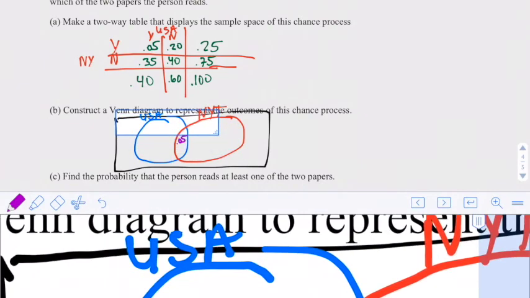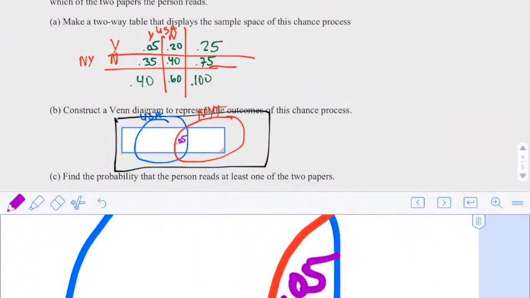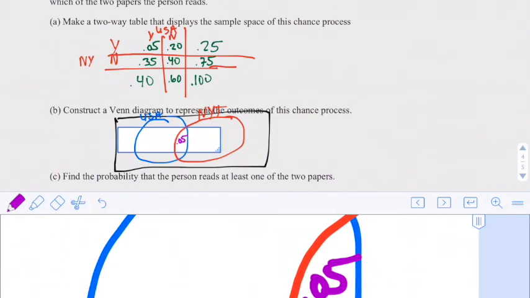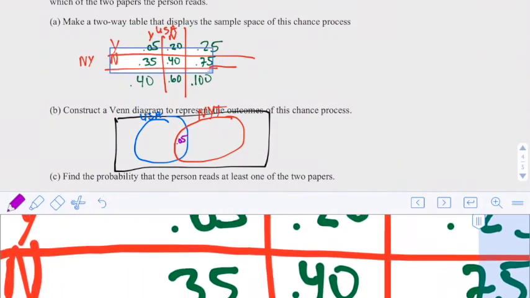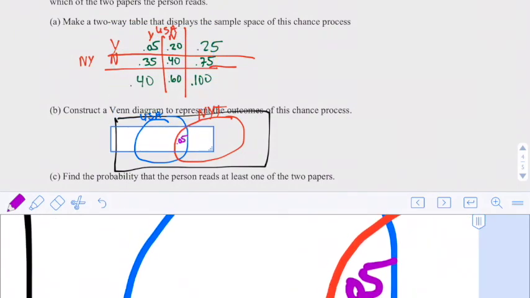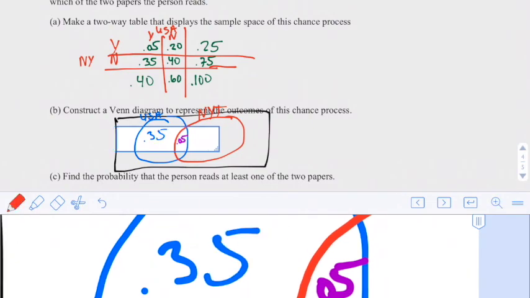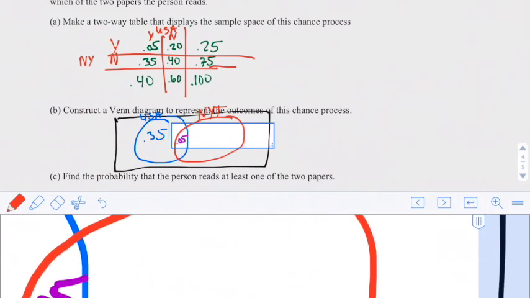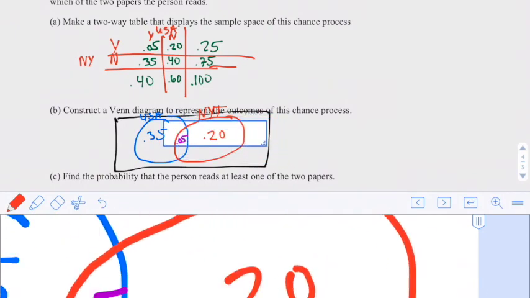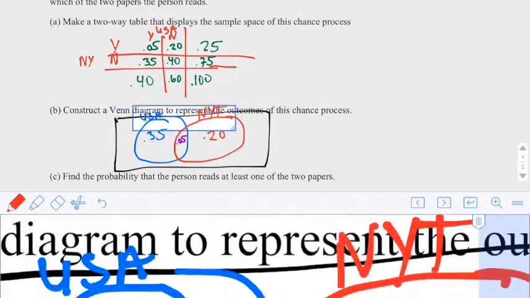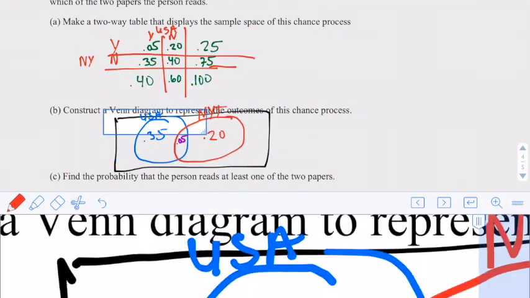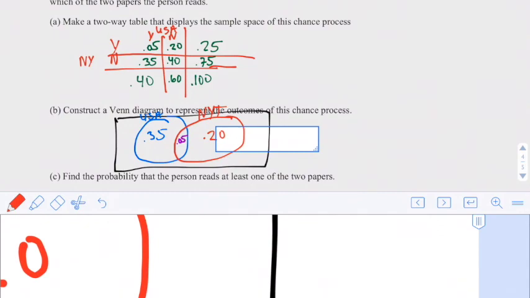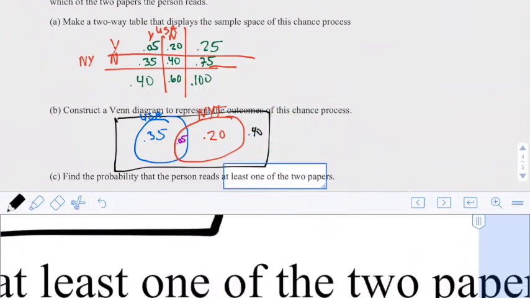So the amount that reads USA Today but not New York Times, so yes to USA Today but no to New York Times, is 0.35. Then we want to say yes to New York Times but no to USA Today, so this is 0.2. And that should make sense because this whole circle adds up to 0.25 and this whole circle adds up to 0.4. And then we have outside the circle 0.4 for people who don't read either newspaper.